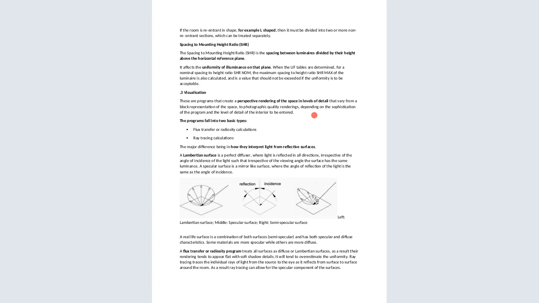So the programs fall into two basic types, that is the flux transfer or radiosity calculations and the ray tracing calculations. The major difference is in how they interpret light from reflective surfaces.